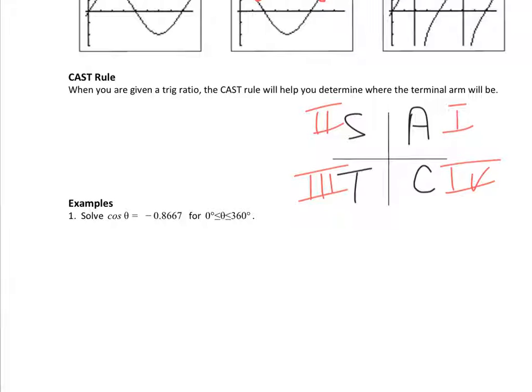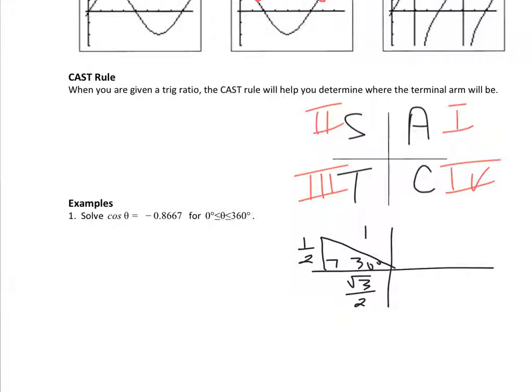Now, if you recall, root 3/2 is our 0.8667 ratio. Using the unit circle from before, when root 3/2 is the x value, the related angle is 30.